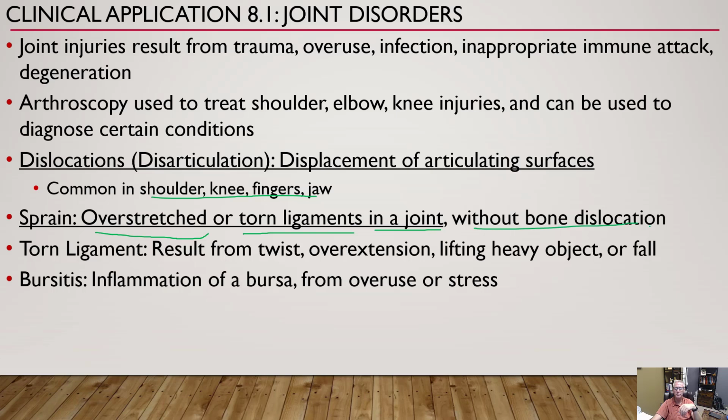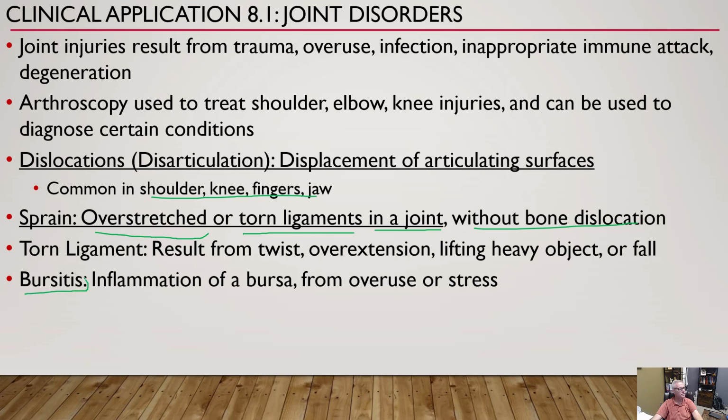And sometimes you can dislocate a bone when you sprain a joint, but not always. A torn ligament typically results from twisting or hyperextending a joint. You've lifted too much, lifted a heavy object, or you've fallen.